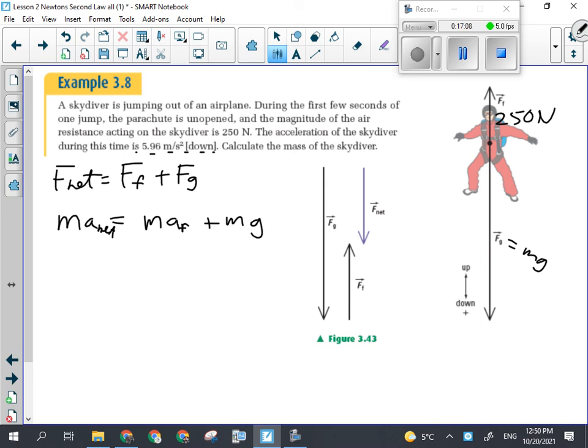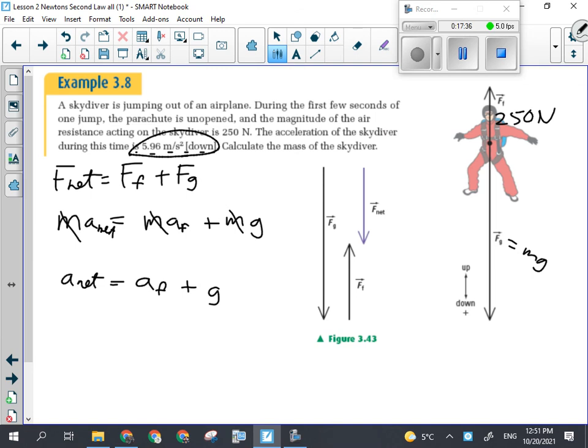All right. Mass is in every term here, agreed? So I'm going to cancel it off. That's going to leave me with my net acceleration equals the acceleration caused by friction plus g. I want to calculate this one because I know what g is and I know what the net acceleration is.